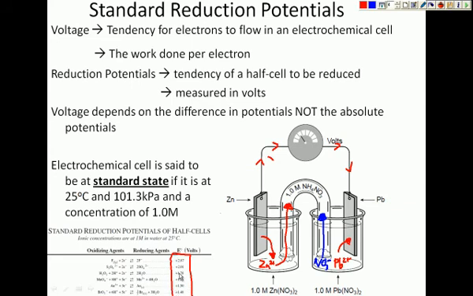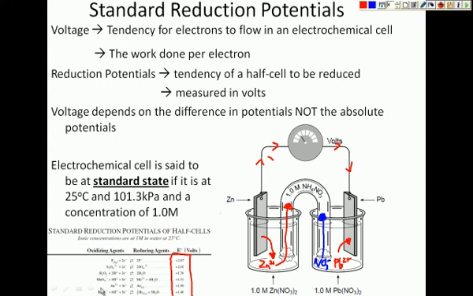Now, the numbers that you see on this table, I know it's really small, but you have to look at your own table. All these numbers measured in volts are not the absolute potentials. It is not the actual number of volts that it produces, but instead it is the difference in these reduction potentials that gives us our volts. So all these numbers right here are compared to something.